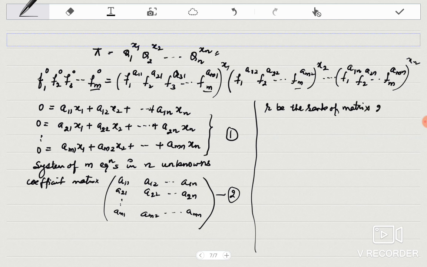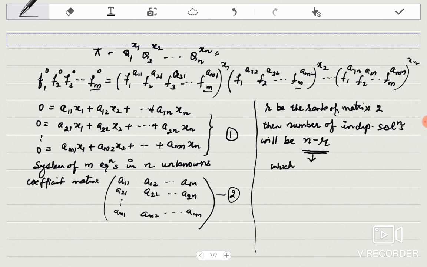This is the theorem of matrices: the number of independent solutions will be n minus r, and these n minus r are nothing but the non-dimensional parameters.